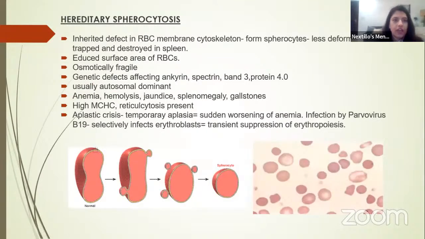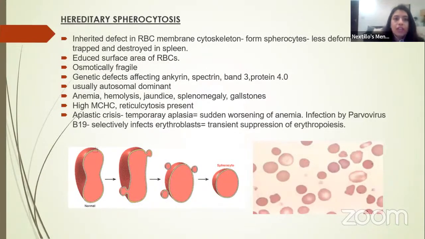So hereditary spherocytosis is an inherited defect in the RBC membrane cytoskeleton. Now, as I told you earlier, the RBC membrane is a bilayer, and there are some proteins in the RBC membrane which anchor it to maintain its integrity.